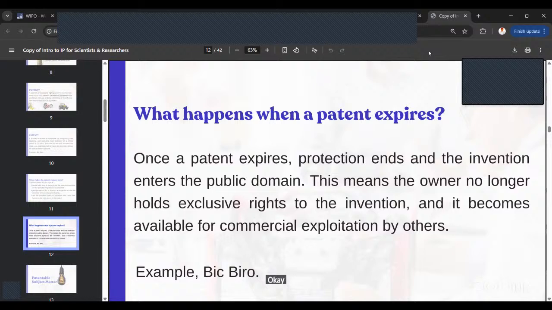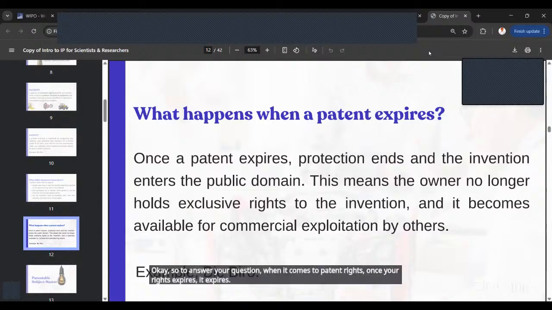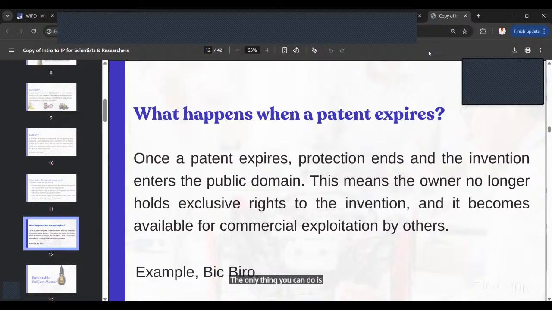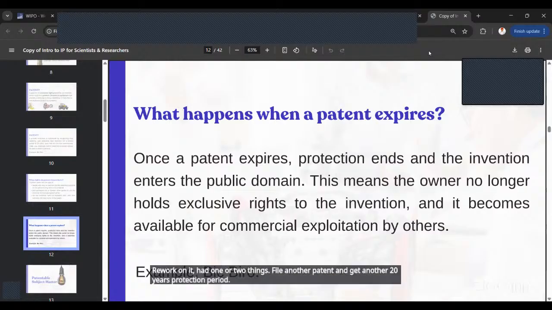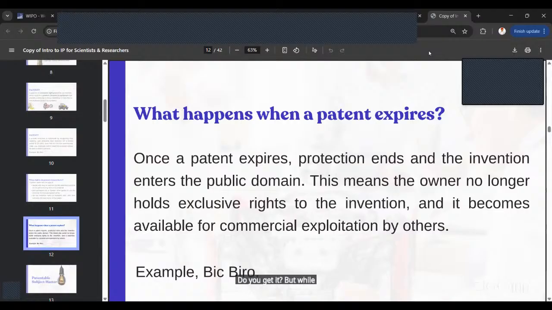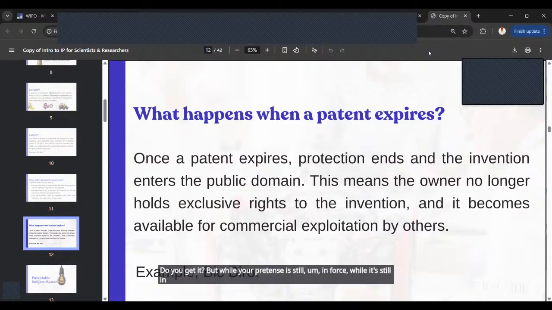Okay. So to answer your question, when it comes to patent rights, once your right expires, it expires. The only thing you can do is pick up that invention, look at it, rework it, add one or two things, file another patent, and get another 20 years protection period. Do you get it? But while your patent is still in force, while it is still in the lifespan of protection, there's something called maintenance fee.